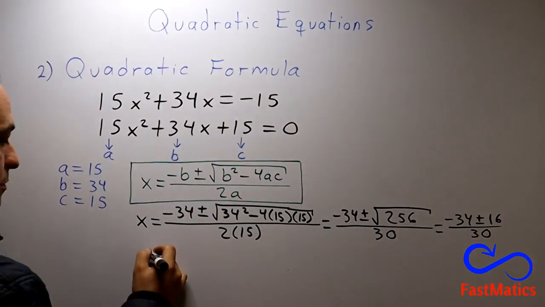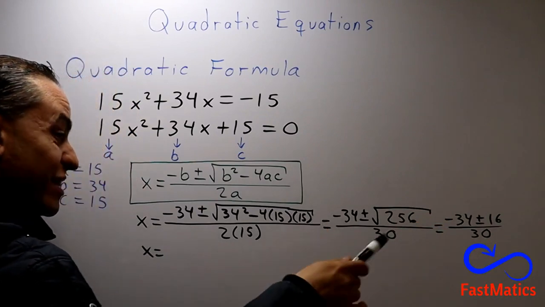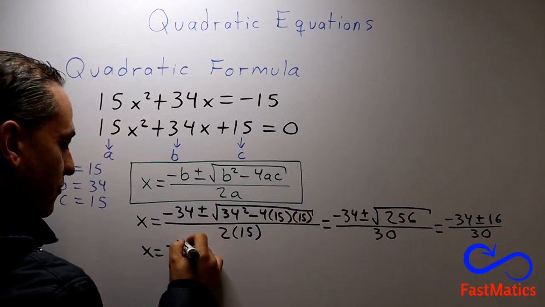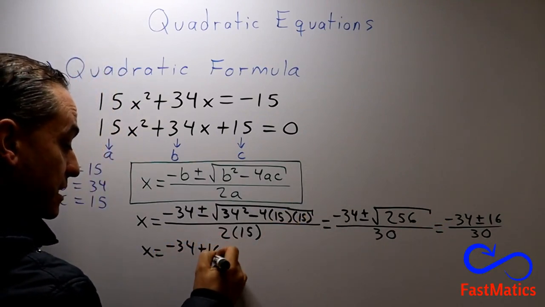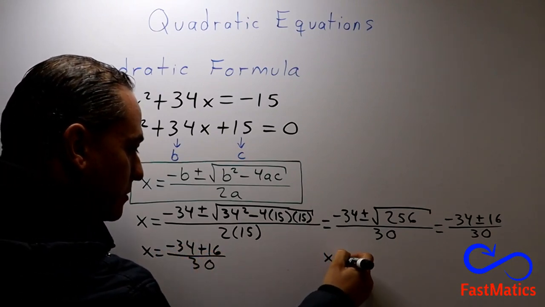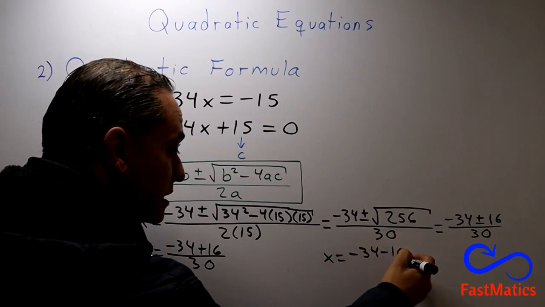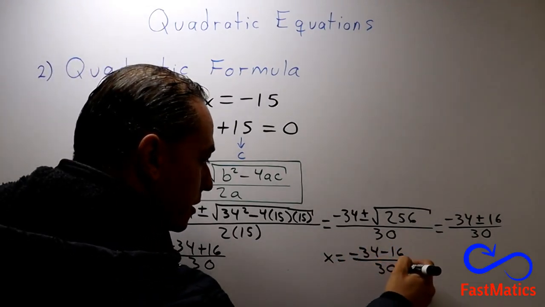And now it is very simple. We're going to calculate it with the positive sign and with the negative sign. So x will be equal to negative 34 plus 16 divided by 30, and x will be equal to negative 34 minus 16 divided by 30.